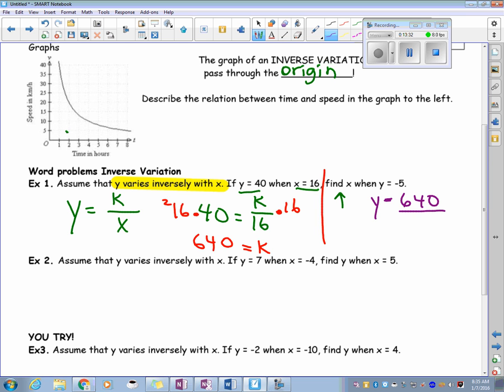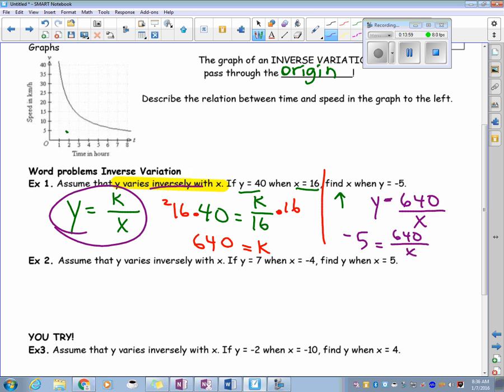Because we're using that y equals k over x still because it's varying inversely. All right? Now I'm going to substitute this negative 5 in. Negative 5 equals 640 divided by x. Okay, so how do we do that? How do you solve that?